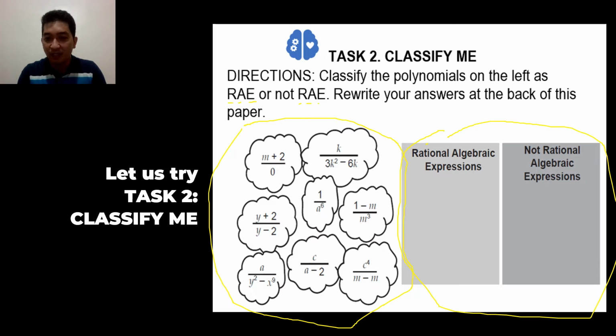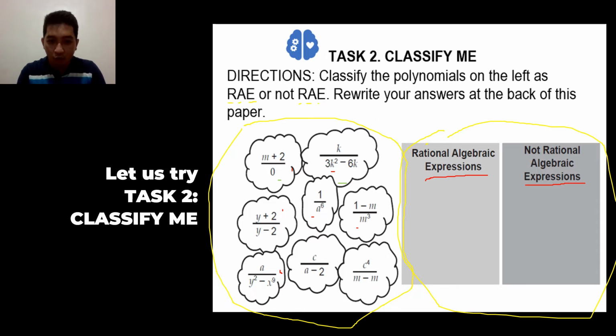And then, sa ilalim ng rational algebraic expression, isusulat ninyo kung alin sa mga ito ang maituturing nating rational algebraic expression. At dito naman sa ilalim ng not rational algebraic expression, isusulat ninyo alin ba dyan ang hindi rational algebraic expression. So, let's try.